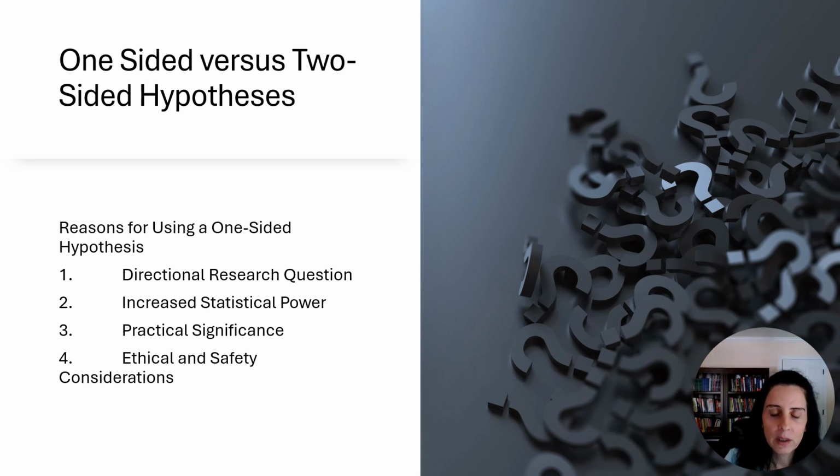If there is no increase, then the result is sufficient to consider the program ineffective, and there's no need to allocate additional resources to continue the program. There is no need to test if there is a decrease because this will lead to the same decision. Another example are clinical trials or safety studies where researchers might be more interested in detecting adverse effects or benefits in one direction to make quick and ethically sound decisions.